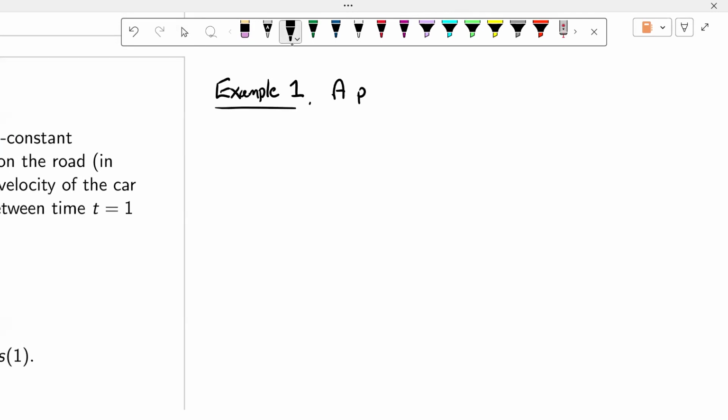All right, let's suppose we have a particle that travels on a straight line, as particles tend to do. And suppose it has the following velocity.